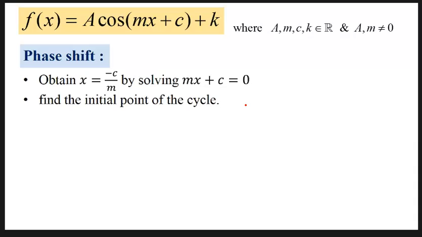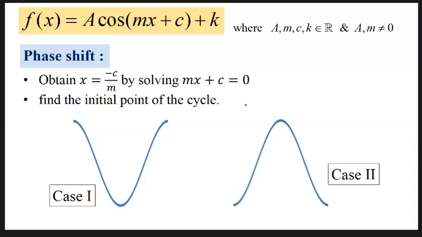If I consider the case 1 graph like this for cos and the case 2 graph like this, for both cases the initial point will be the point I have now plotted in red. Whether it's a case 1 or case 2 graph depends on when we construct our table and start plotting.